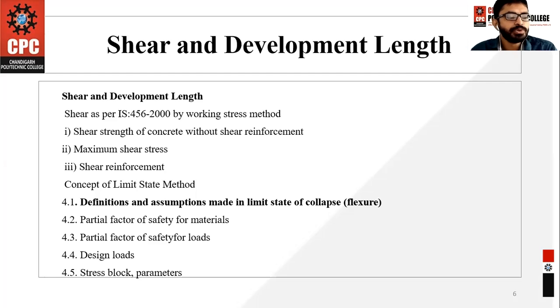If you don't know about the units in this subject, then you cannot move on further in this subject, because the units are the base. I hope in the strength of material subject you all must have studied about the units. You got my point. So the units are like Newton, kilonewton, Newton per meter. There are various types of units like the SI units, the CGS units, and the FPS units.